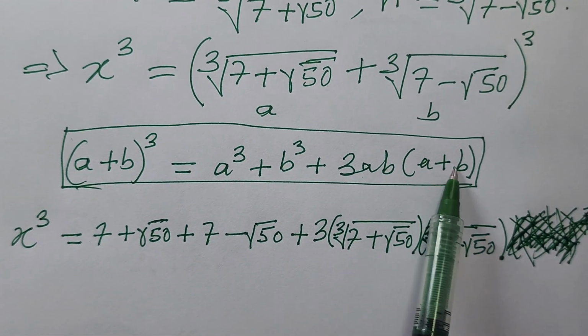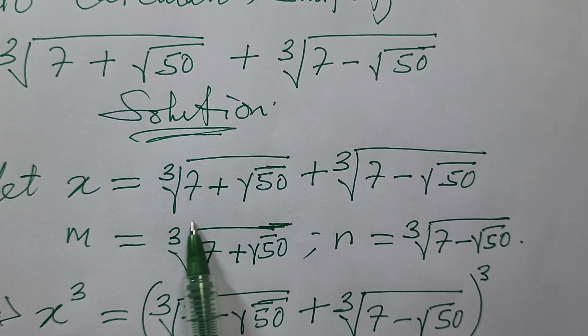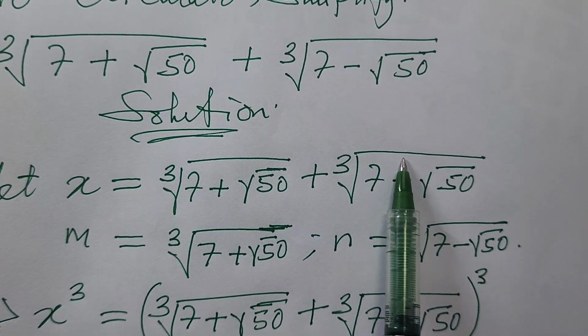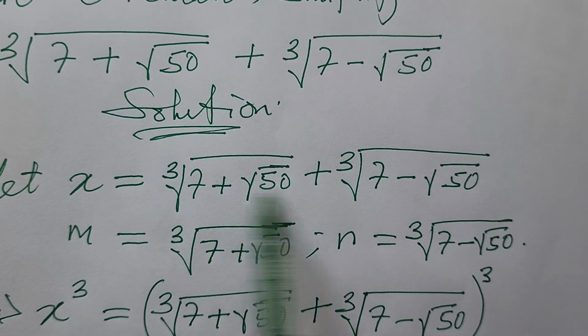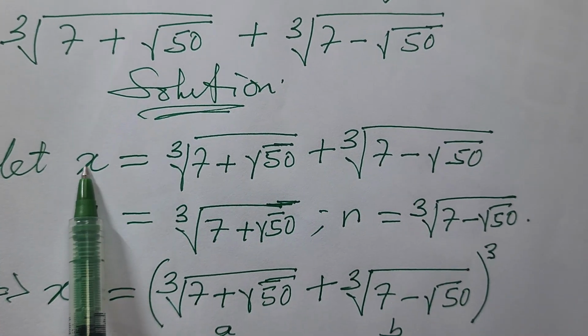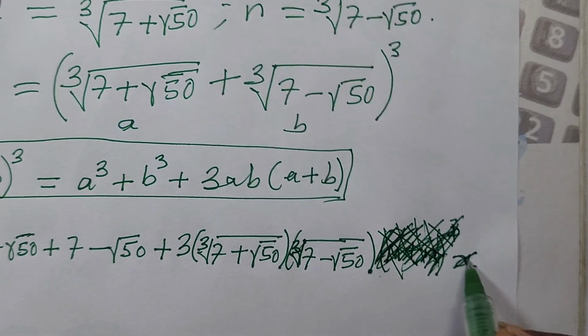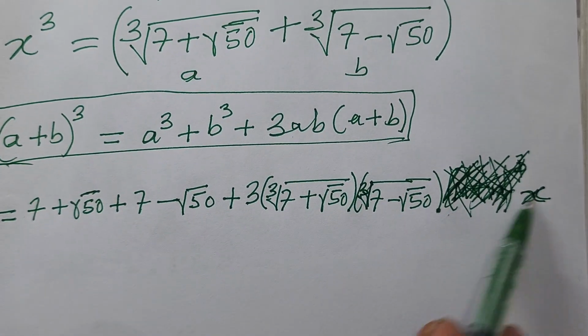Now for A plus B, let's get it from our equation here. We said the whole of this is A and the whole of this is B, which is what I did here. So this plus this is equal to X, and we can put in our X here. So everything is times X.